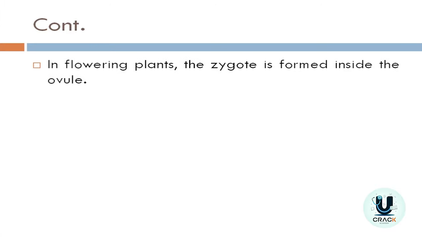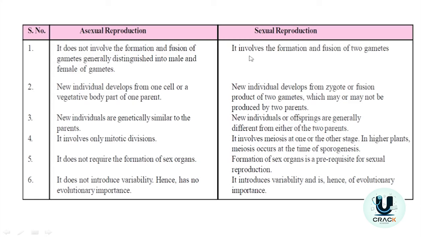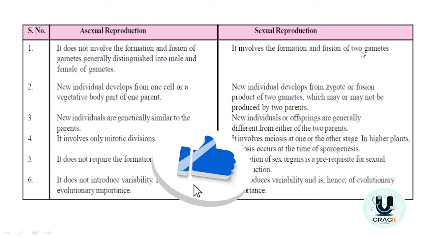This is about the differentiation between asexual reproduction and sexual reproduction. First point: asexual reproduction does not involve the formation and fusion of gametes, generally distinguished into male and female gametes. But sexual reproduction involves the formation and fusion of two gametes.